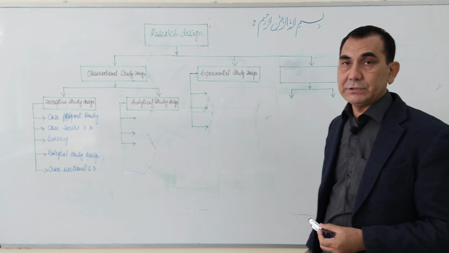Now the observational study design is further divided into two types. The first type is called the descriptive study design, and the second one is called the analytical study design. What is the difference between them?